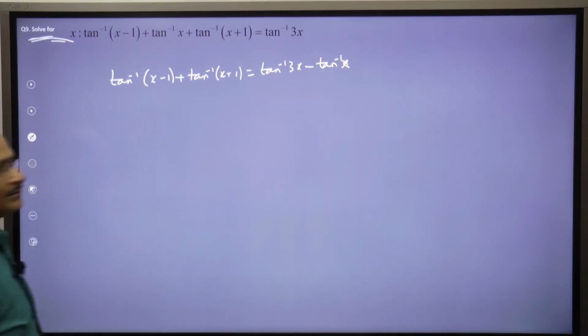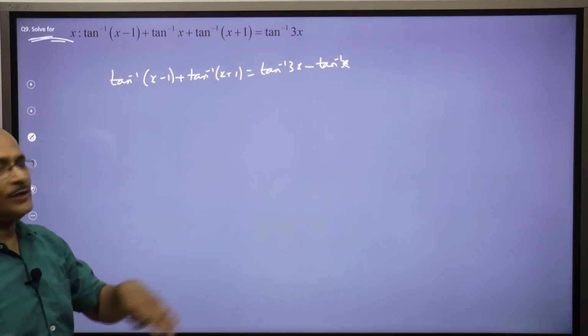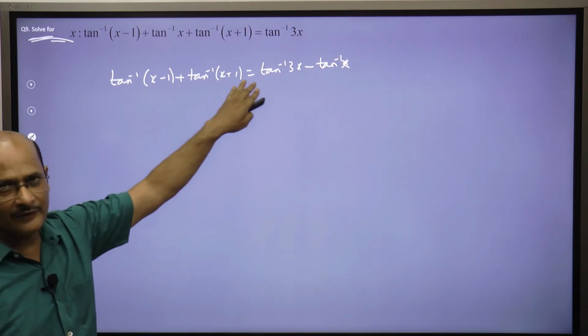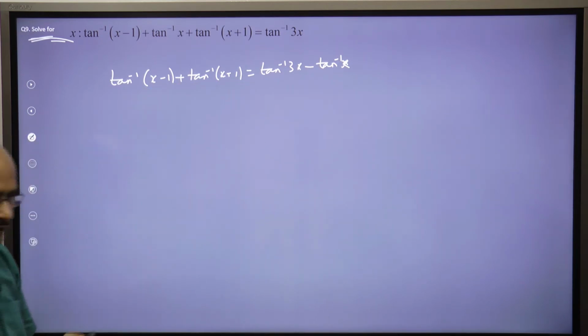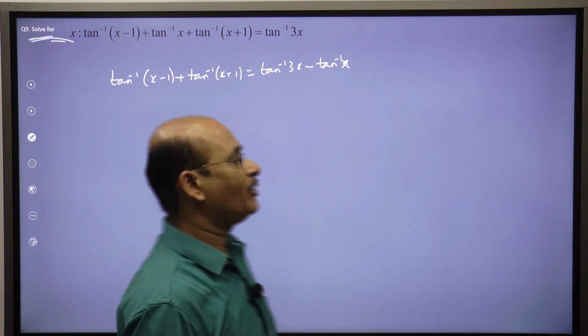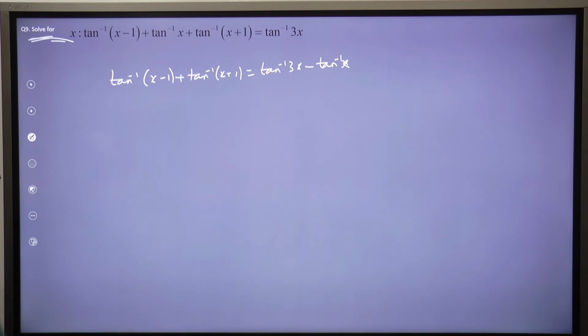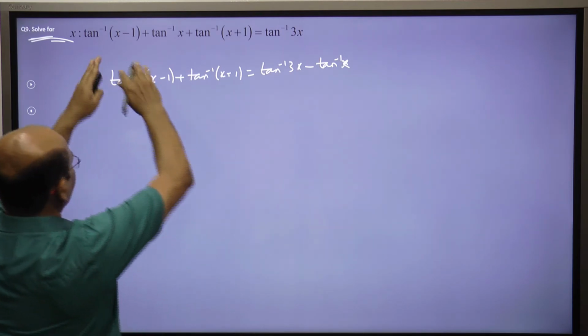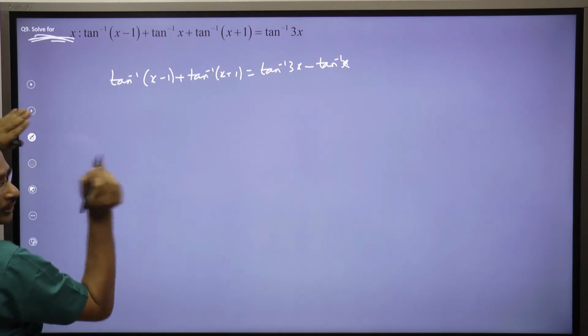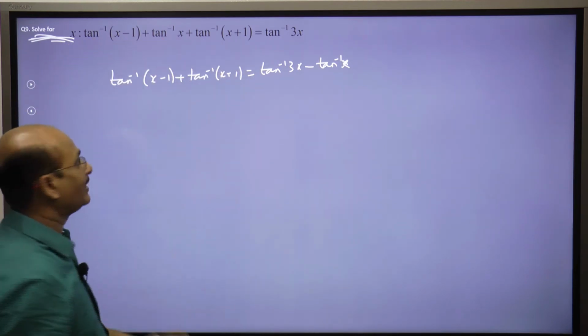You might ask why I choose this: because when I do x plus y, the minus 1 plus 1 will get cancelled, and the simplification becomes simpler. Remember, this is a part of solve for x, it is not part of the sum, always keep that in mind.